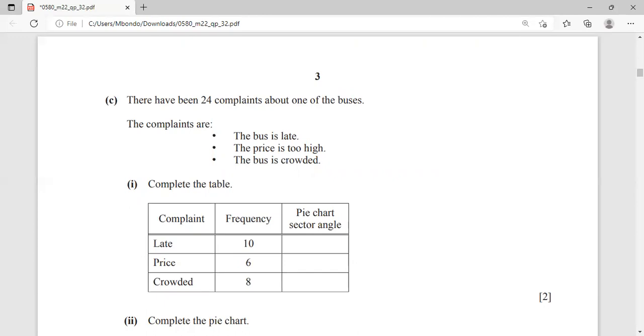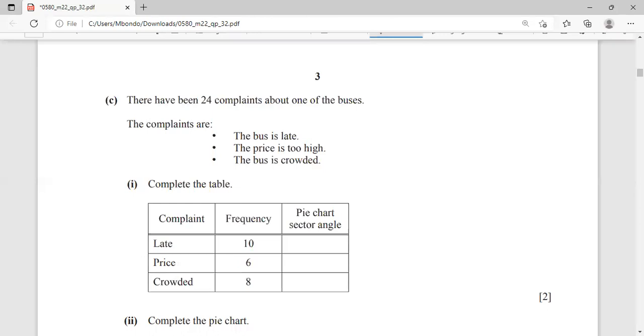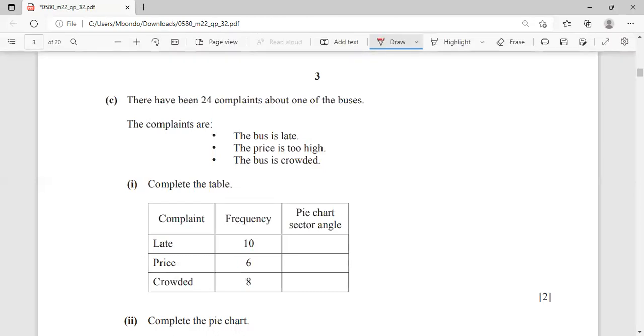The complaints are: the bus is late, the price is too high, the bus is crowded. Okay? So the number of complaints is 24. So when we add these numbers here, when we add the totals, these must give us what? 24. Is that clear?